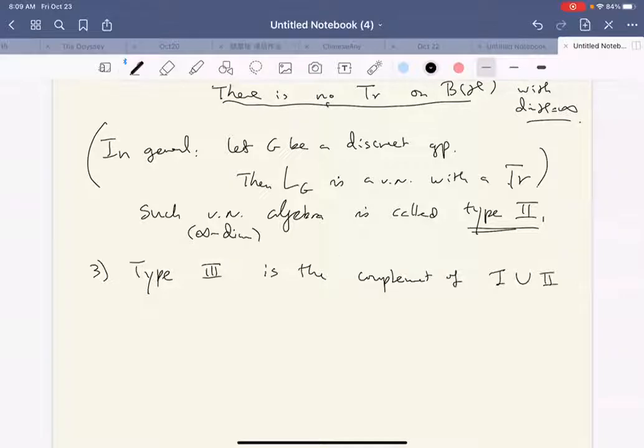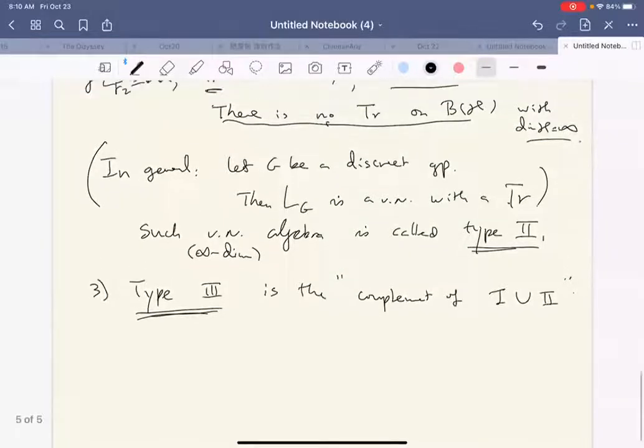Let's just leave it like that for a minute. Today I probably won't be able to give you examples of type 3. But for physicists, you see type 3 factors every day. You see them at breakfast, you see them at lunch, and so forth, but maybe you didn't realize it. Anyway, I will have plenty of type 3 maybe next time. But today, let's just finish with type 2-1.